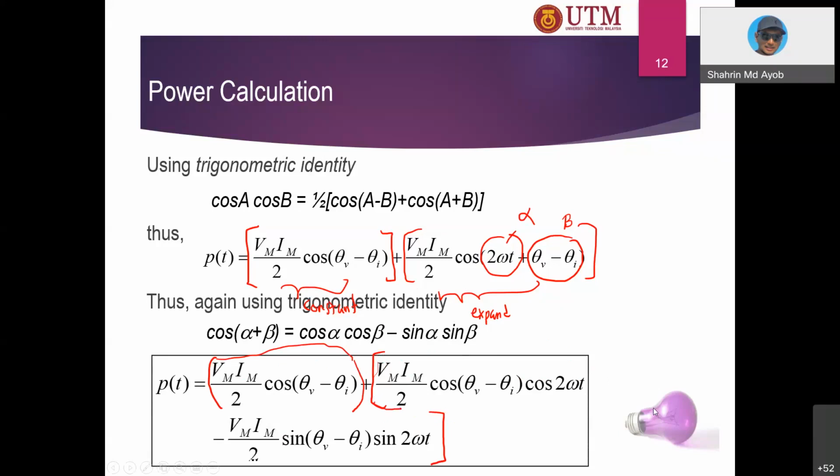So right now, as you can see, we have a constant here. We have this one constant, and then we also have a constant value here, cos(theta v minus theta i), and we have another constant here.